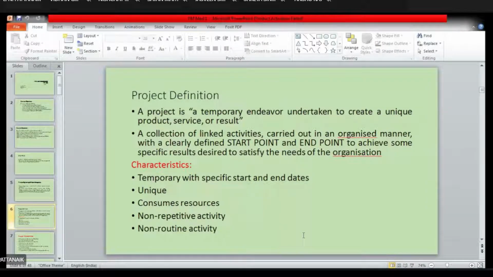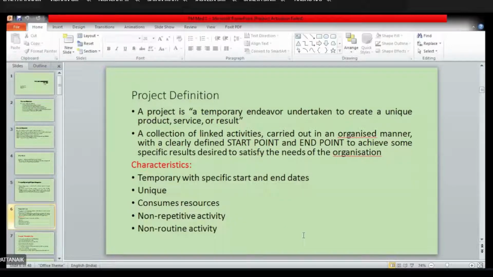Otherwise, it is not a project. It is regular and it is a process. So a collection of linked activities carried out in an organized manner with a clearly defined start point and end point. As I'm saying, you do not have all the time to complete a project. It has a definite start and end point. That is very essential. To achieve some specific results desired to satisfy the needs of the organization is a project.